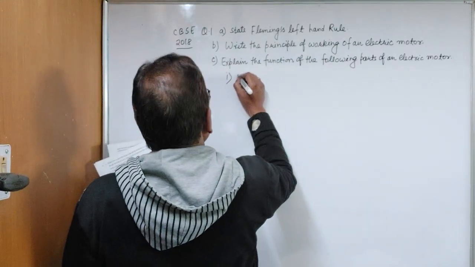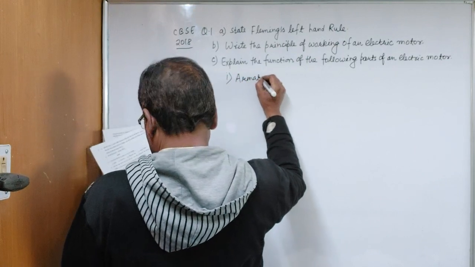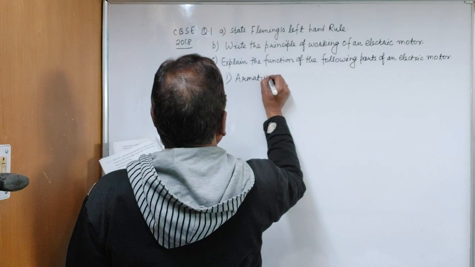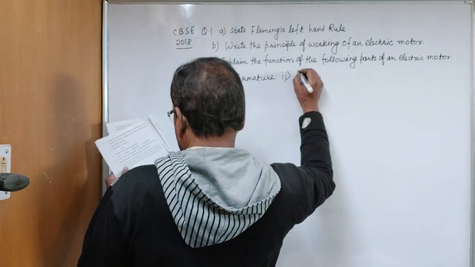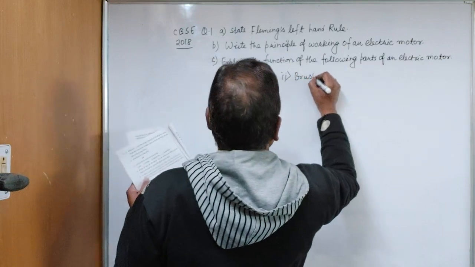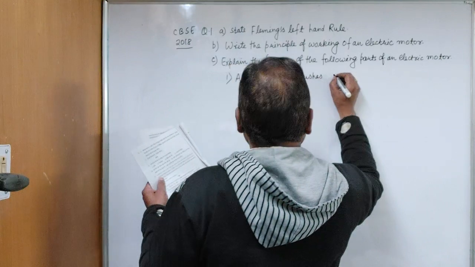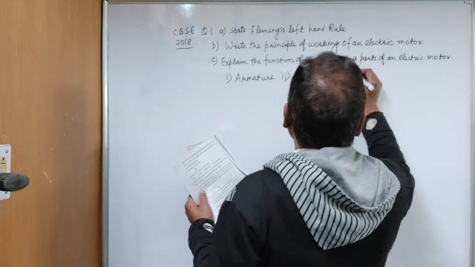First, armature. Second, brushes. And third, split ring.